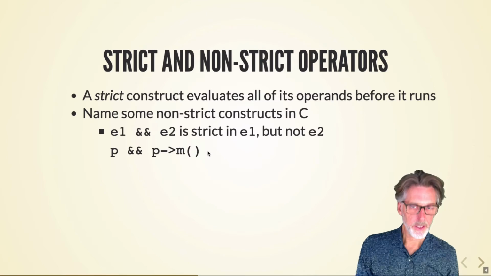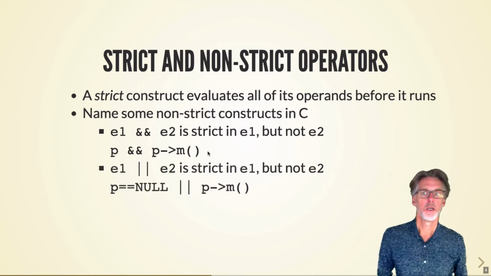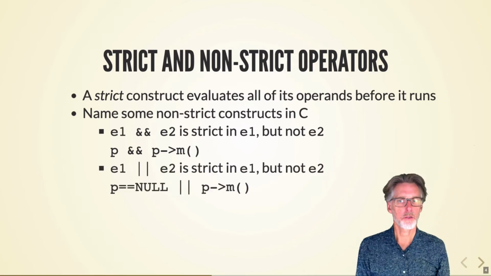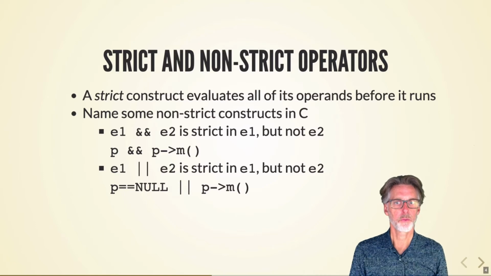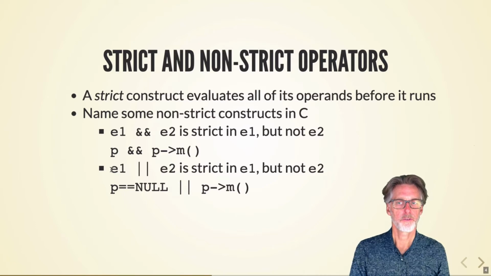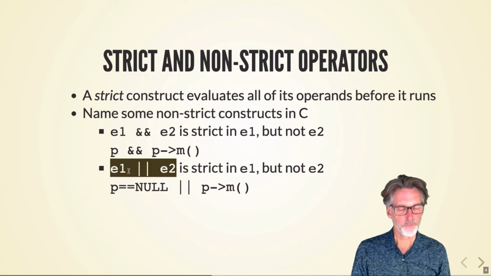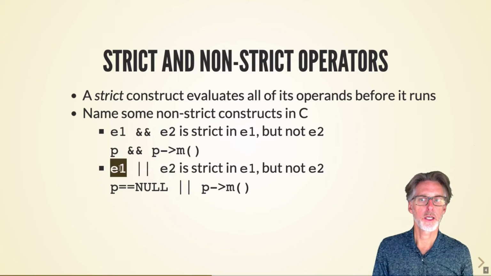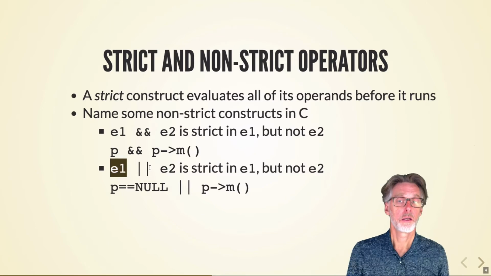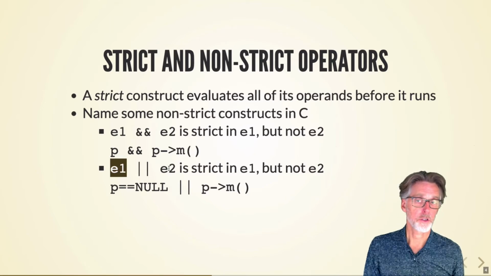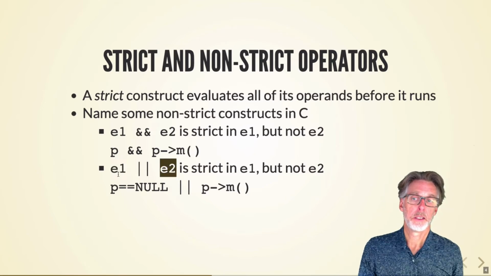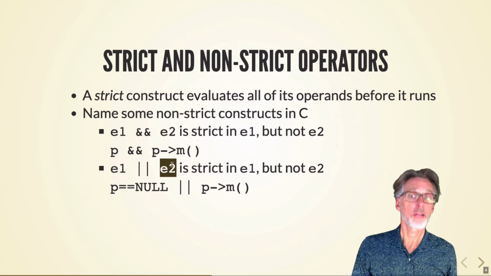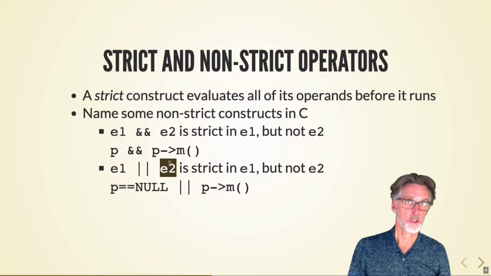We can do the same thing with OR, and in this case we turn things around when we're messing with pointers. So the value of this expression is determined as follows. First we evaluate E1. If E1 is true, then the expression is true. There's no reason to evaluate E2. If E1 is false, then the result of the expression is the value of E2.